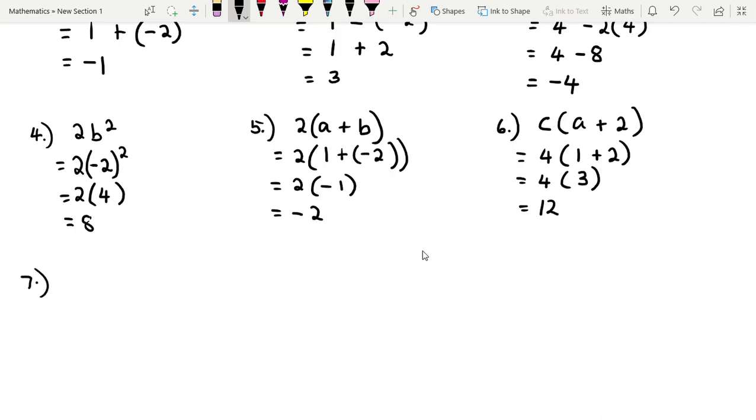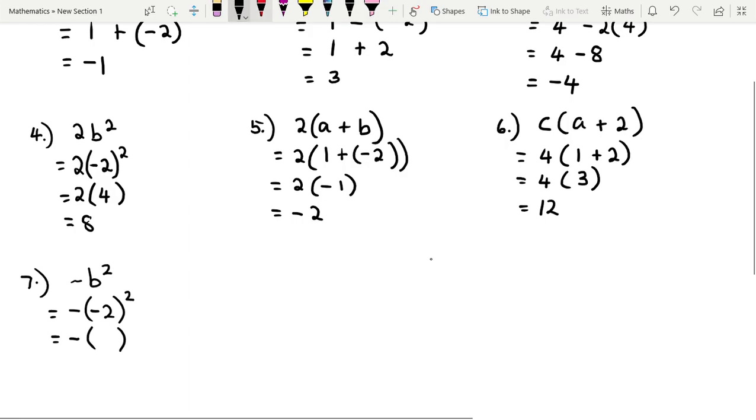Number 7, we have -b squared. So negative, what is b? So we know that b is -2 squared. And this is important. We do our brackets first. And here we're going to basically say -2 times -2, because it's squared.